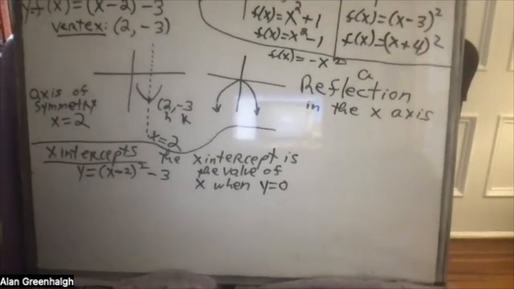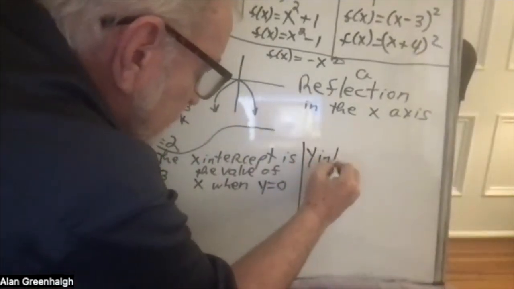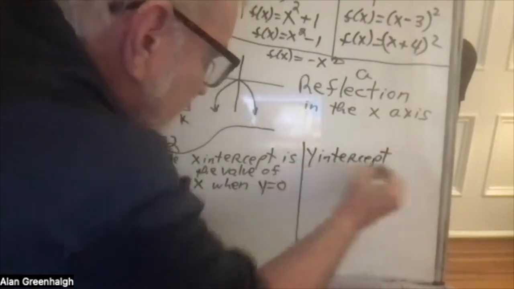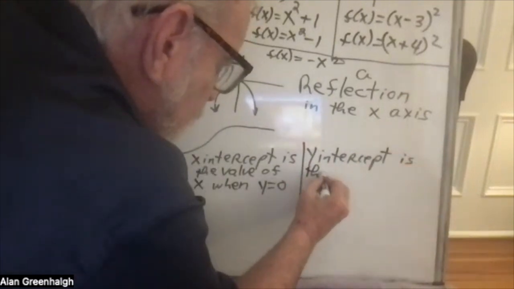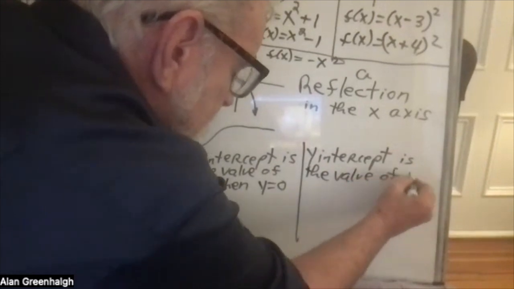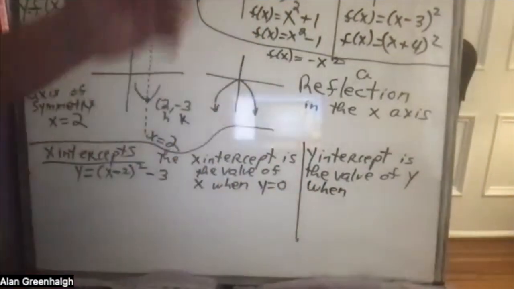While we're here, Allison, we might as well talk about the y-intercept, because we're going to be going there as well. So the y-intercept is the value of y when, somebody else, not Allison.